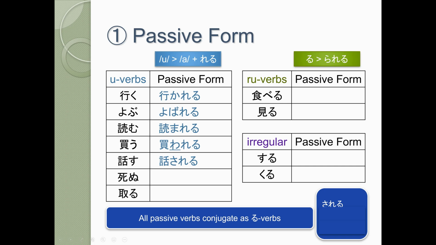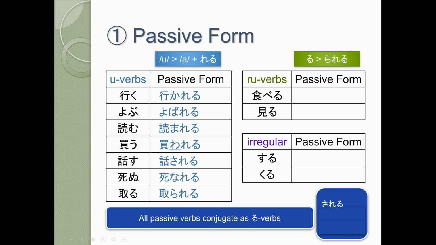Shinu, we change nu to na. 死なれる。取る, we change ru to ra. 取られる。So, 行かれる、呼ばれる、読まれる、買われる、話される、死なれる、取られる。These are all the constructions in the passive form.